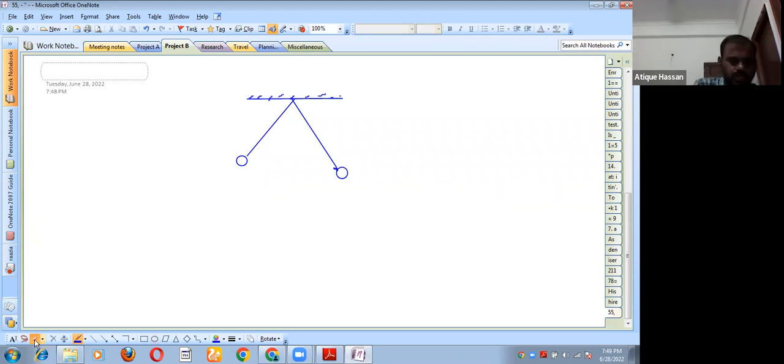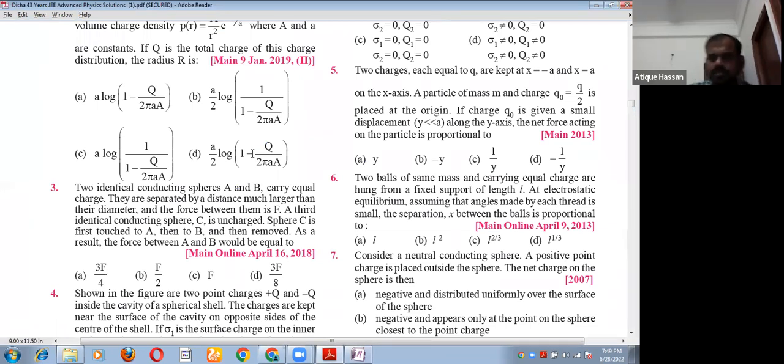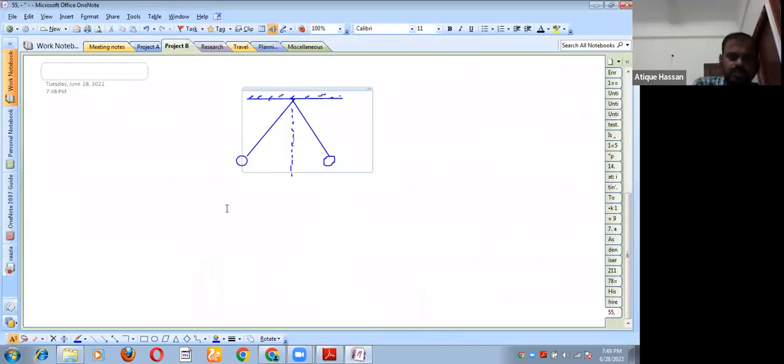Both are identical balls. Suppose these are suspended and this is vertical. So two identical balls of same mass and carrying equal charge. Suppose mass of each ball is m. Mass of this ball is m and charge is q.